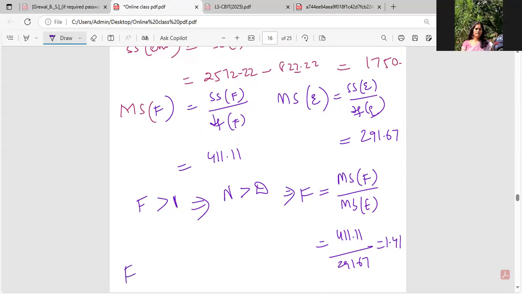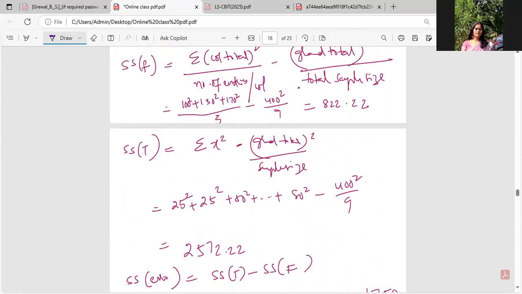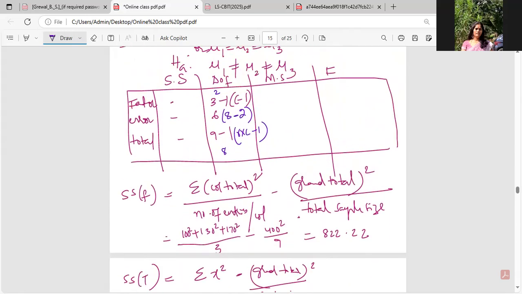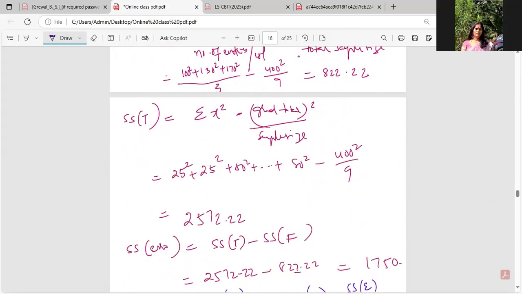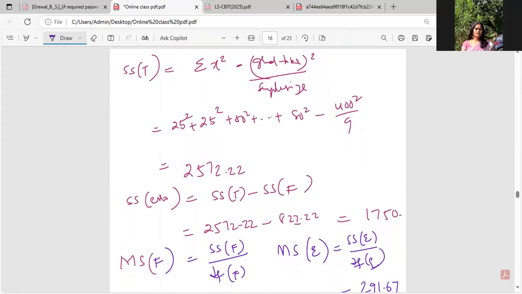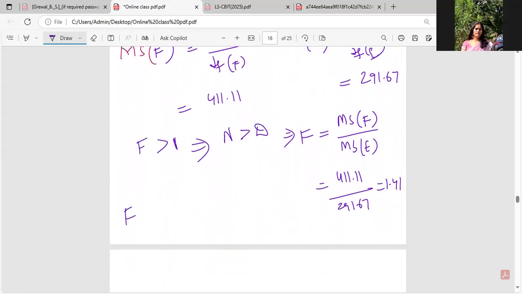Now for F, just see, MS factor is the numerator. I'll take the degrees of freedom of MS factor, and then the degrees of freedom of error. Error I'll be taking 6. The tabulated value that we will consider, just carefully watch.